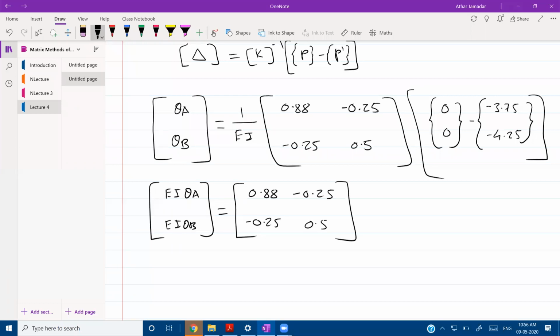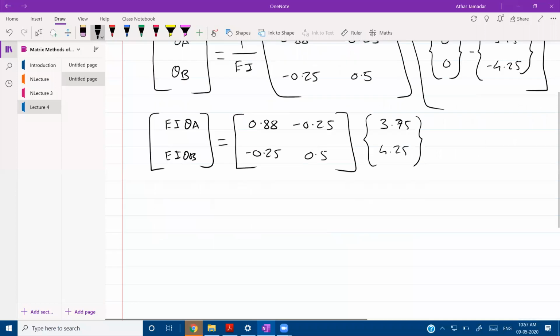Now here we just have to do the subtraction of P minus P dash vector. So 0 minus 3.75 is going to be plus 3.75, because minus and minus become plus. Similarly, this minus and minus also become plus, so 4.25. Now we have to do matrix multiplication.